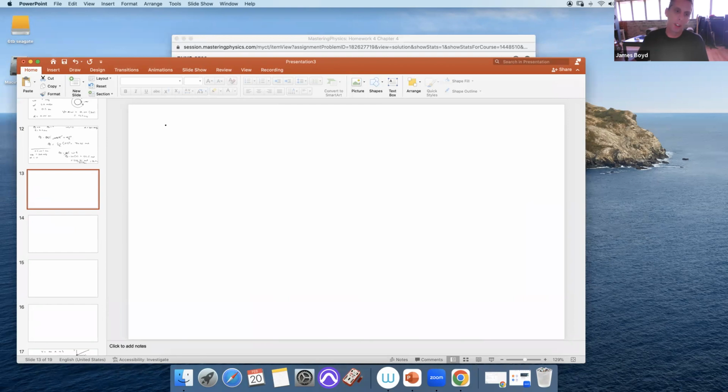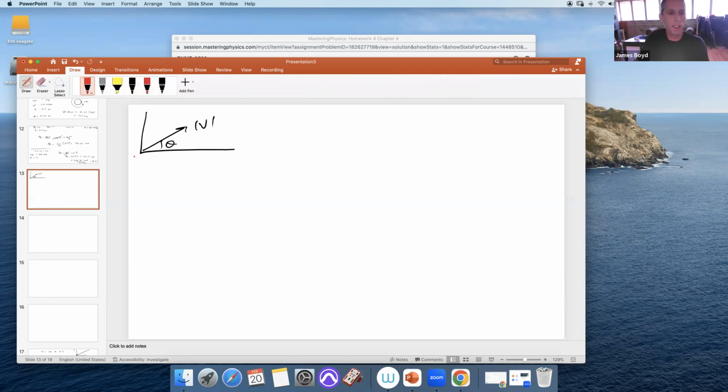In projectile motion, we usually have some initial velocity at some initial angle. And the very first thing that we note is we can break this into an X and Y motion. So we can have a V of X initial, which is really our initial magnitude times cosine of the angle.